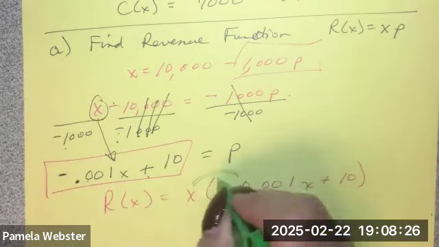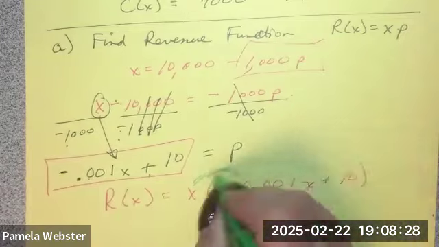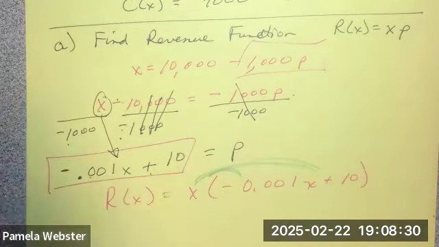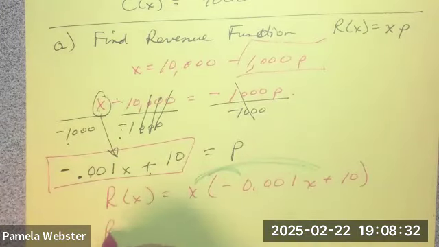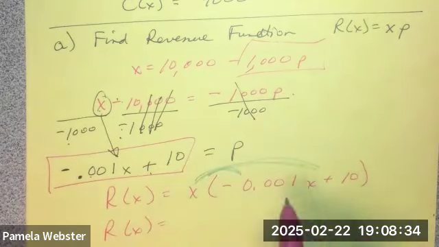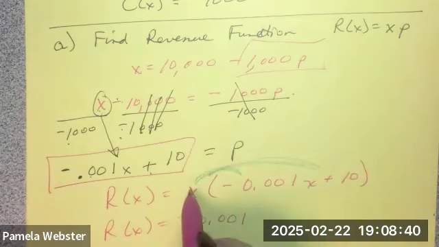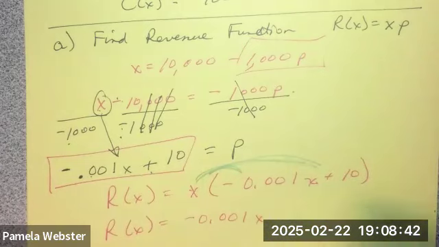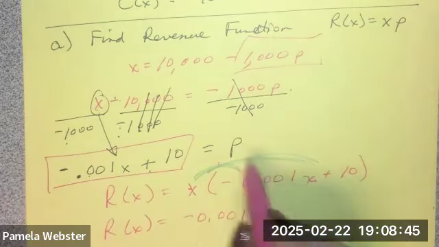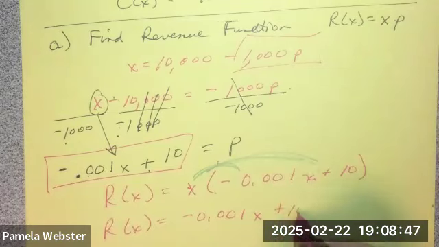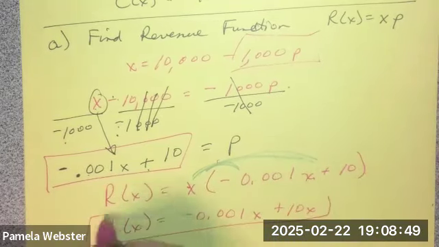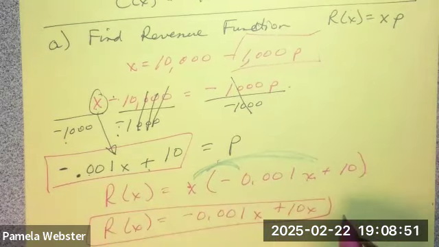So whenever I distribute this guy through, be really careful as we do that. I made a mistake the other day on my video where I said I was going to distribute, but then I didn't do it. Okay. So this is negative 0.001 x times x is x squared. And then this is x times 10, so a positive 10x. There we go. Okay, there's my revenue function.